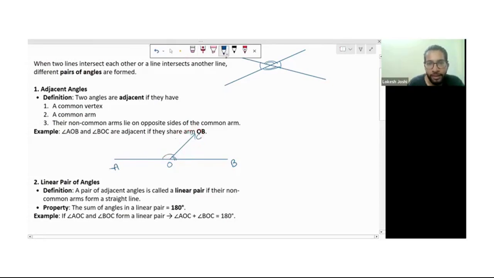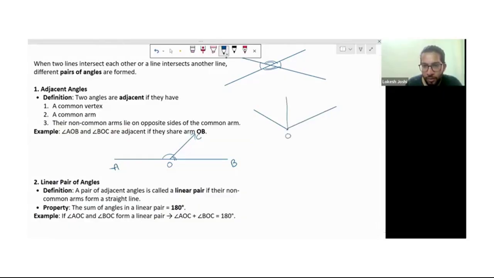But it's one case, we can also draw it like this. Suppose this is the vertex O and the points are A, B, C. Now how can we name this angle?